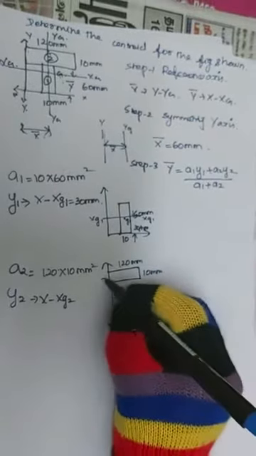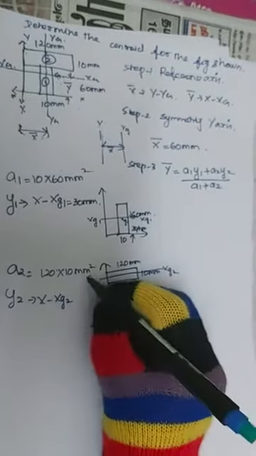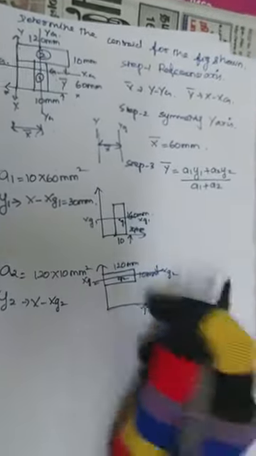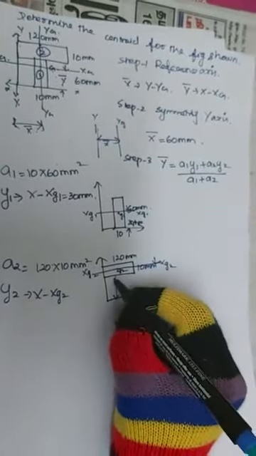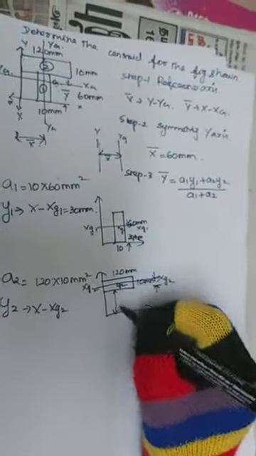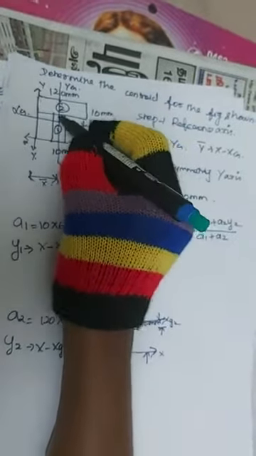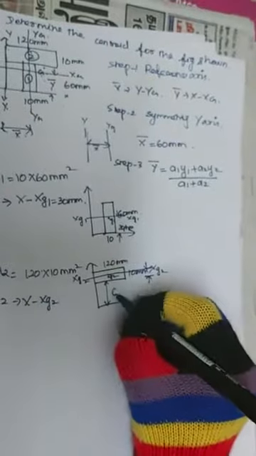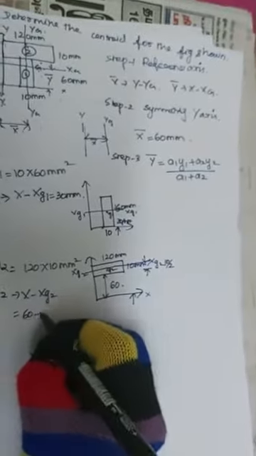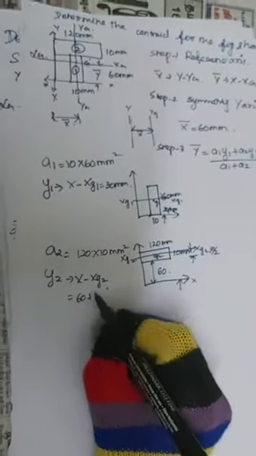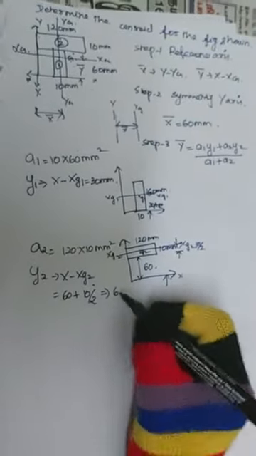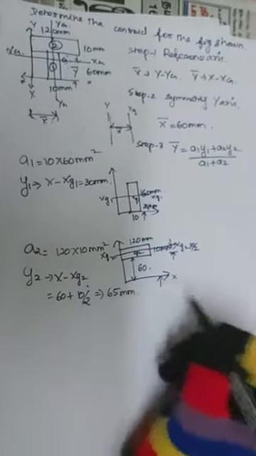The distance from x to xg2. From here to here there is some distance, plus half the distance. From here to here, it is 60, plus half the distance, 10 by 2. So 60 plus 10 by 2 is 65 mm. That is y2.